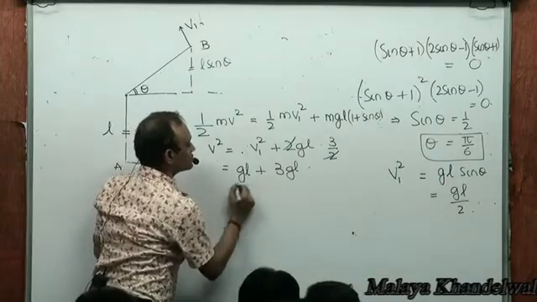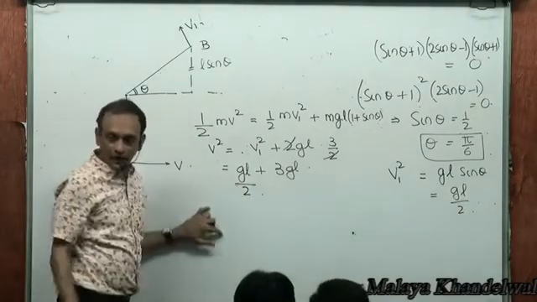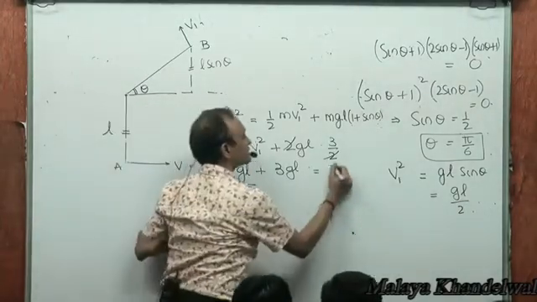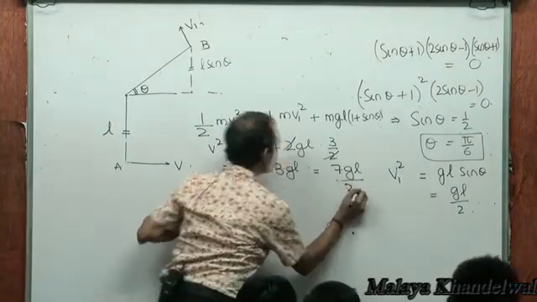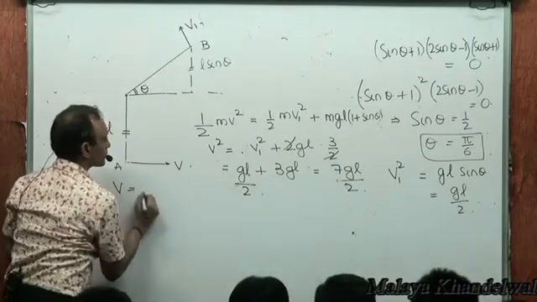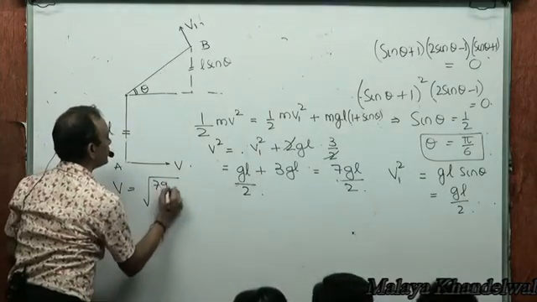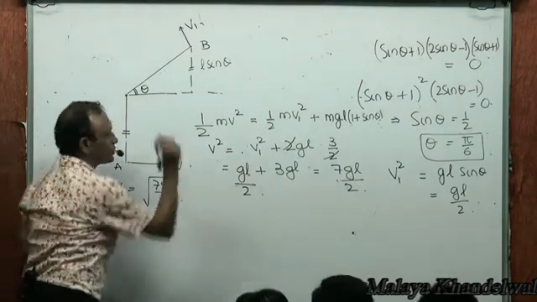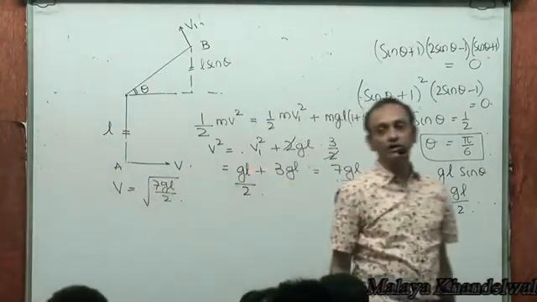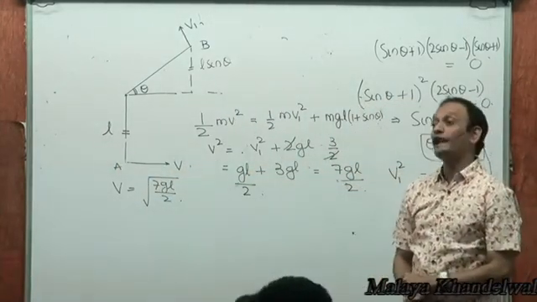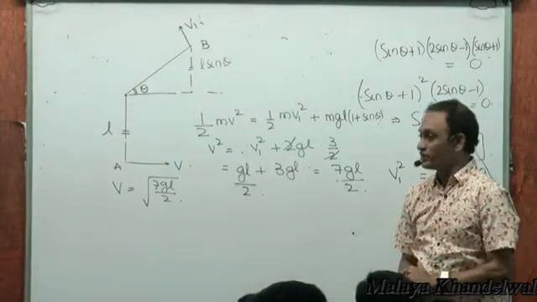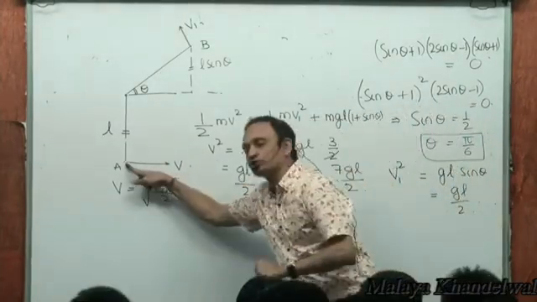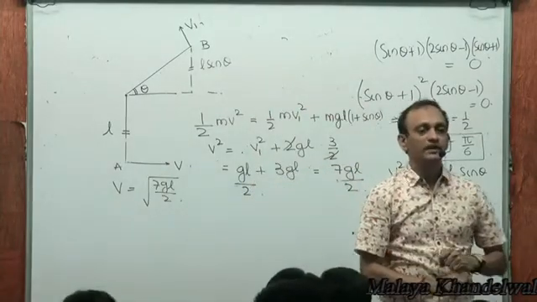That makes it 7GL by 2. That's V square. V then must be root 7GL by 2. Velocity at the bottommost point must be root 7GL by 2, so that at theta equal to 30 degrees, when it loses contact and flies off free from the string, it will pass through the original point A as projectile.